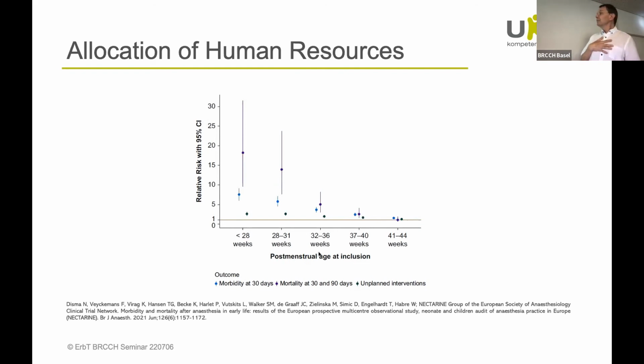And as you can see on this graph, the risk for children undergoing anesthesia at a low age is really tremendously higher, even compared with neonates, where we know that they are also susceptible to harm compared with older children.